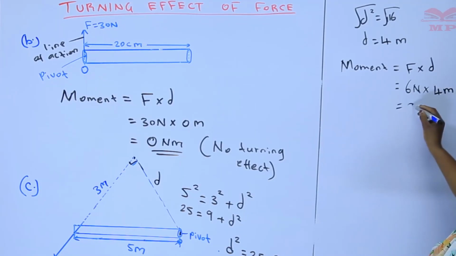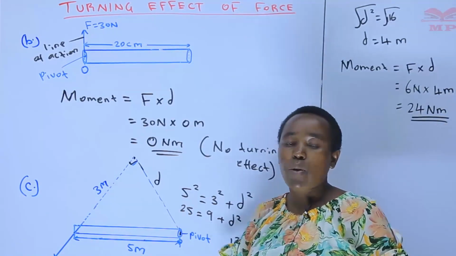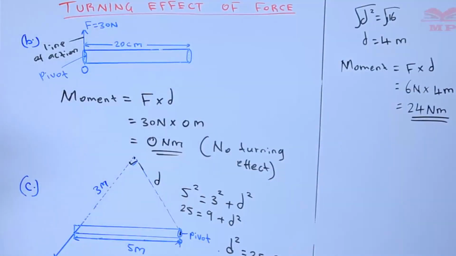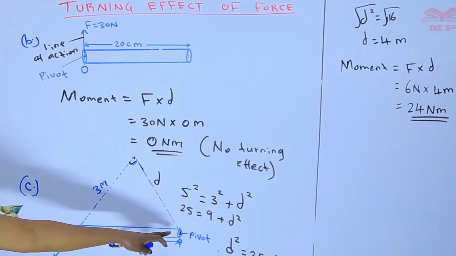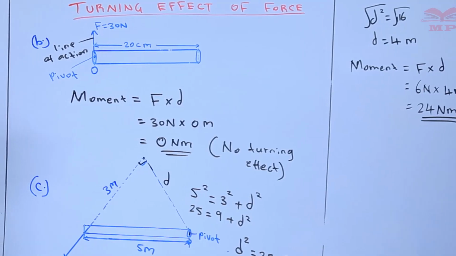Therefore, moment will be equal to 24 Newton meters. Is that one clear? When you calculate moment, you need to remember that we use the perpendicular distance from the point of support to the line of action. And moment is given in Newton meters.